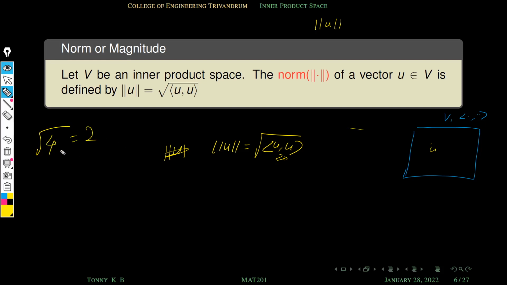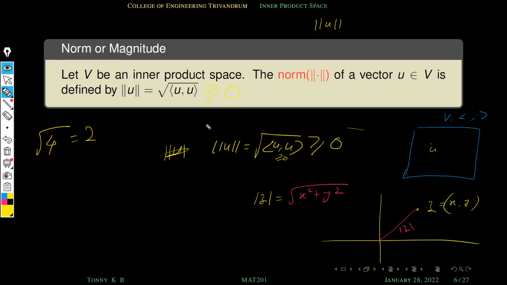Square root of something means the positive square root. That is a universally accepted notion. So here it is the positive square root of the inner product of u with u, and the inside term is always non-negative. So this square root exists and it's a real number. Clear? And one more thing, we consider only the positive square root, so this is greater than or equal to 0. So norm of u is always greater than or equal to 0. Clear?